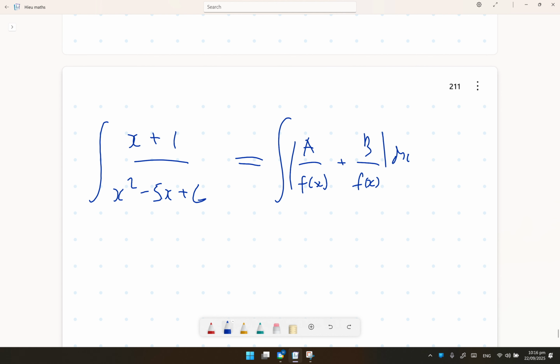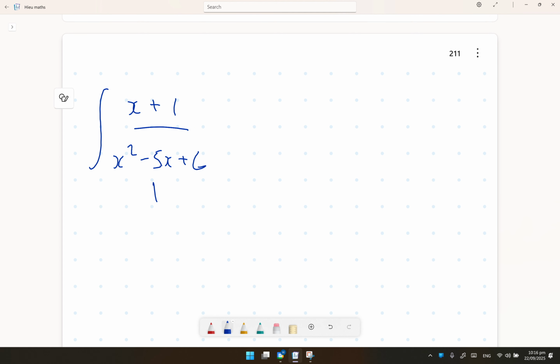Okay. So how are we going to do partial fractions with this? Well, what we need to do is split this into its components first. So let's see, 6 could be minus 6x plus x plus 6.